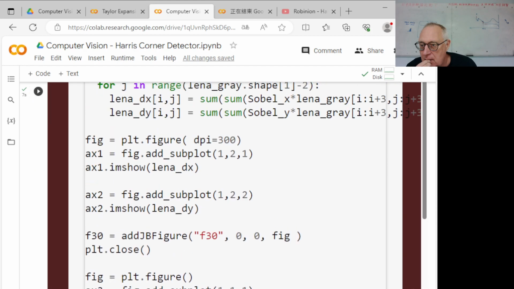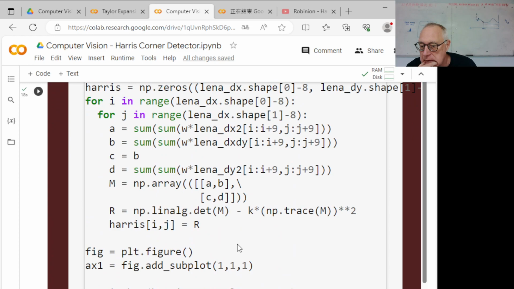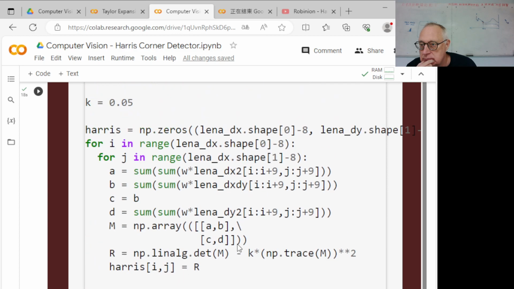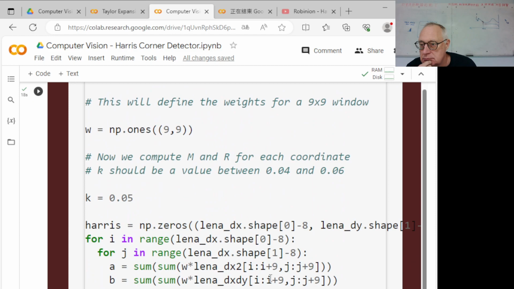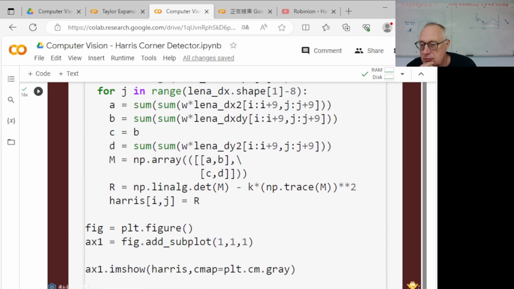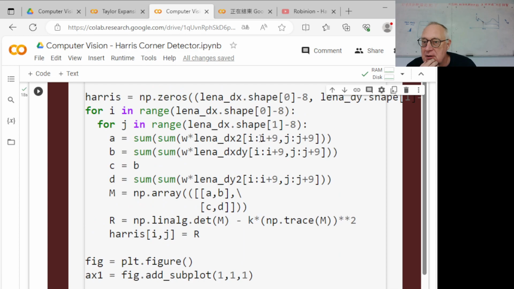Why? This is made small a little bit. Because of the windowing function where we use the +9.